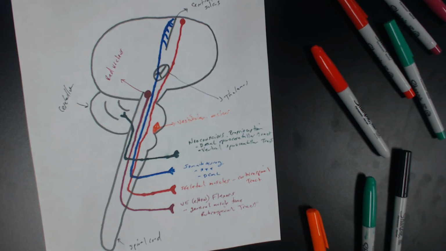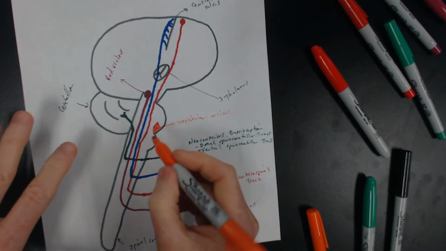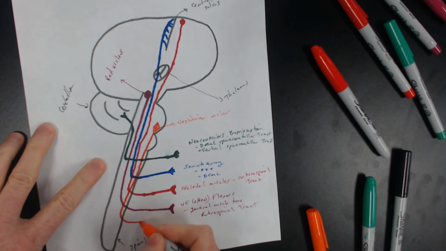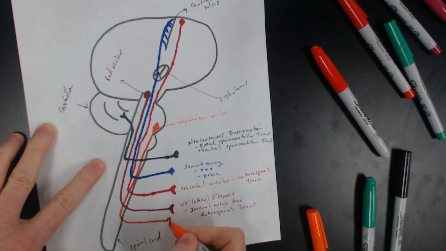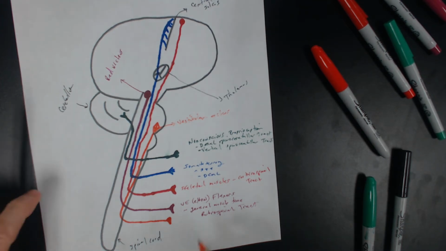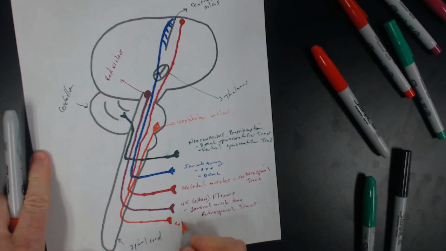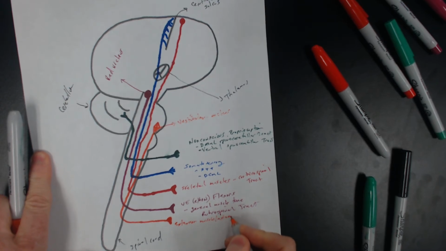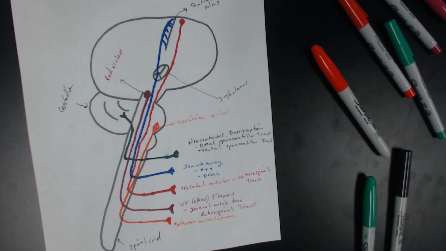Okay? And coming out of the vestibular nucleus, you're going to have axons that come on down and are responsible for innervating extensor musculature. Particularly postural extensors.